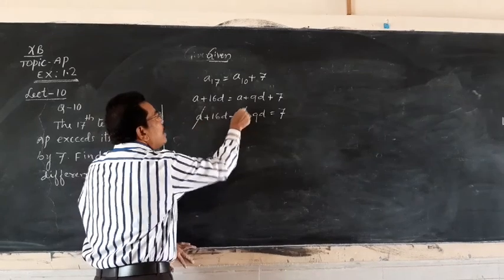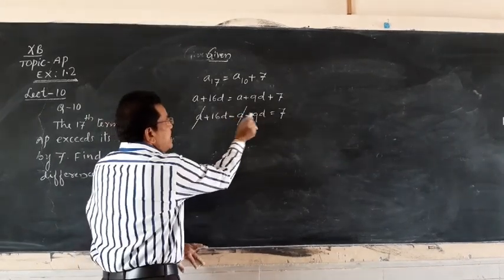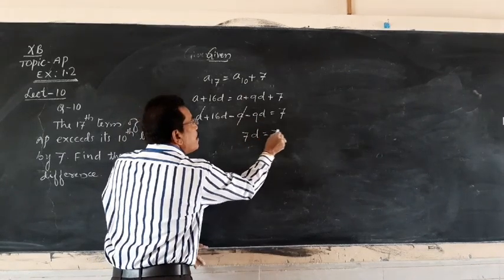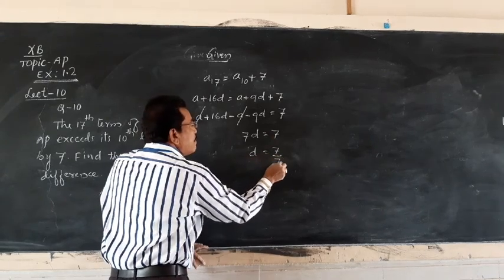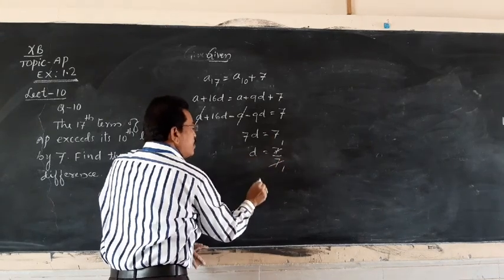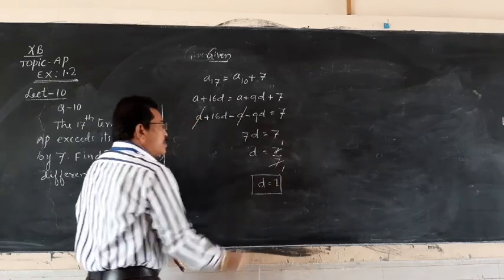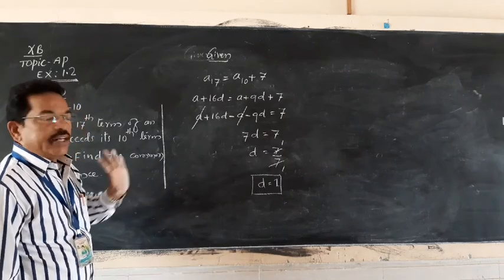A minus A gets cancelled. 16D minus 9D, that is 7D, equals 7. D equals 7 by 7, so D equals 1. The common difference is 1.